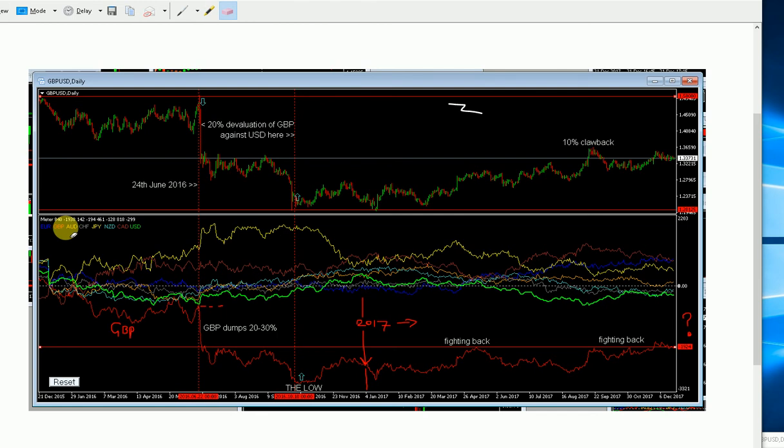So this is a strength meter. This is pound against dollar. The last couple of years, this starts around the end of December 2015, so it's showing pretty much the last 2 years of activity. What I've got down here is a strength meter, but this strength meter is quite smart.